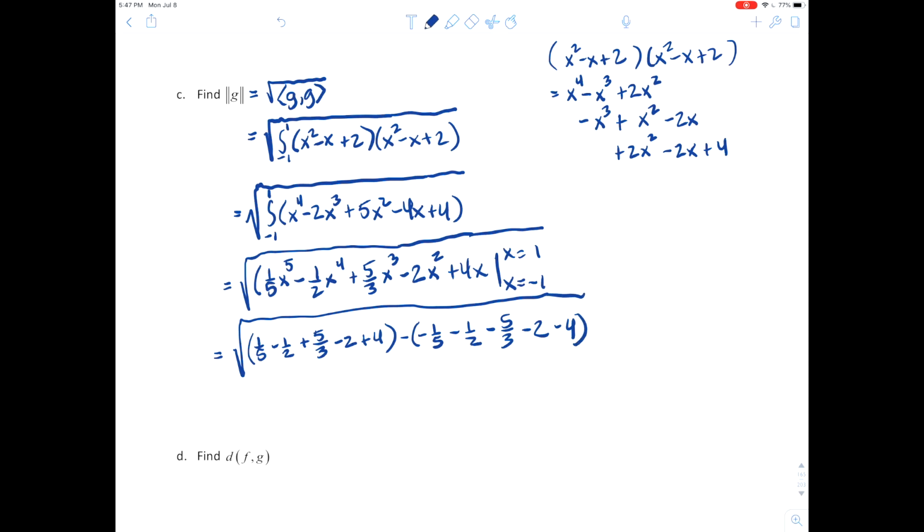And let's see if anything zeroes out. The 1/2 will zero out. The 2's will zero out. And I think that's it. So then we'll get the square root of, what's that going to be? 2/5 plus 10/3 plus 8.